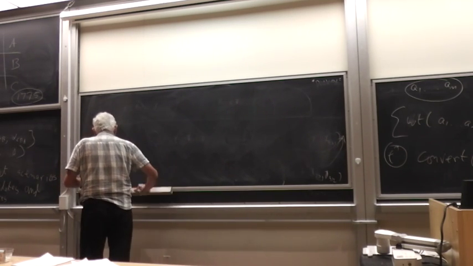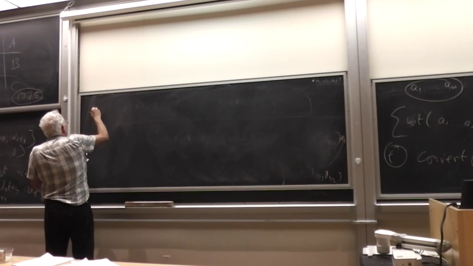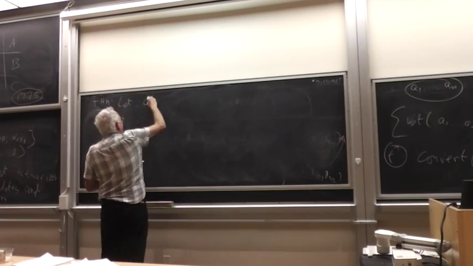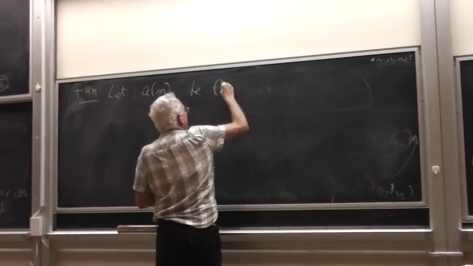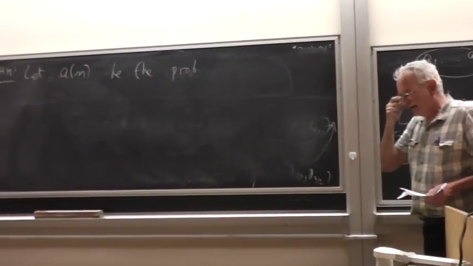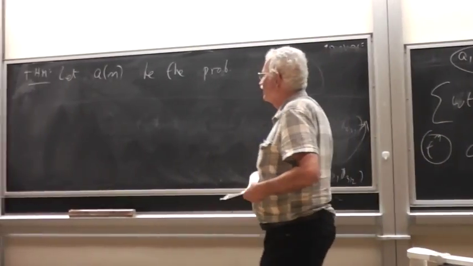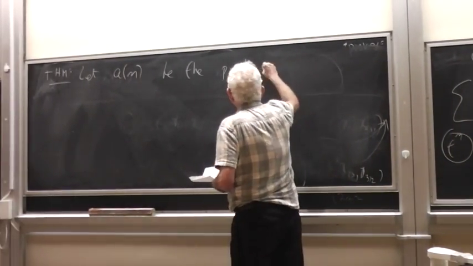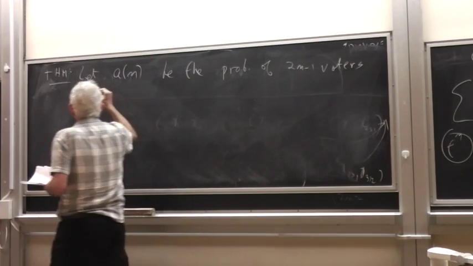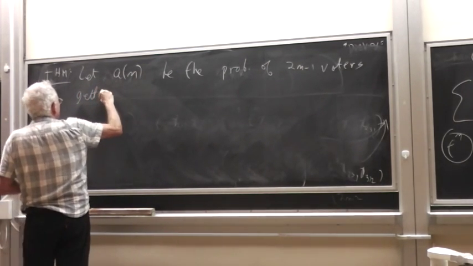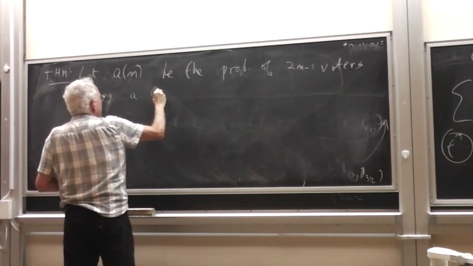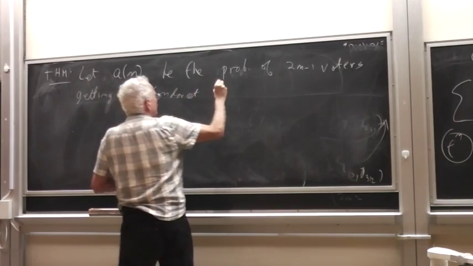So here is another great announcement today. Theorem. Let a_n be the probability under the multinomial distribution, so now it's a fair die like we did, of 2n minus 1 voters, with uniform distribution where everybody votes equally likely for each of the three rankings, getting a Condorcet paradox.